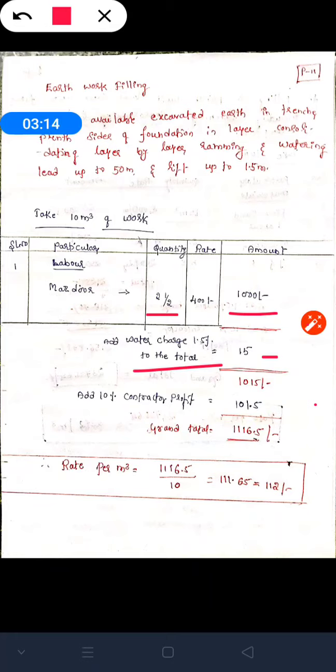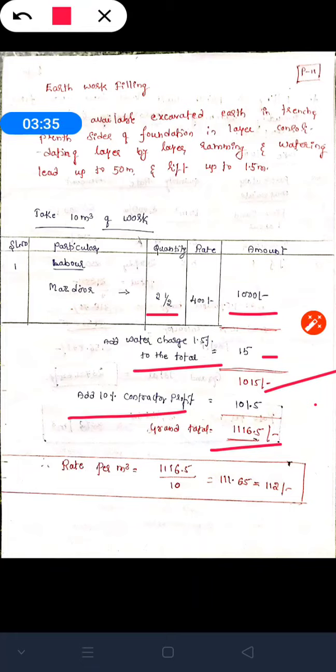And after adding those two amounts we got 1015, and for this 1015 again we should consider 10% of contractor profit. Okay? So after considering the contractor profit, the total amount is 1116.5, and this is for 10 meter cube of work.